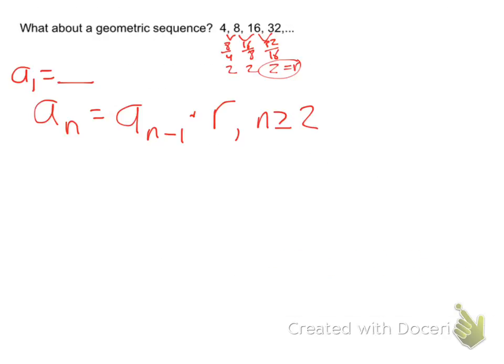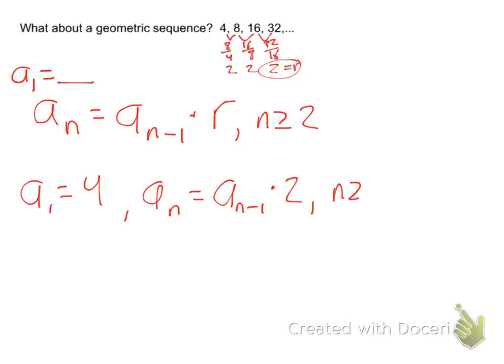If I wanted to write this equation, we know what a1 is. We know what r is. What's a1 again? 4, comma, a sub n equals a sub n minus 1 times, what's r? 2, where n is greater than or equal to 2.